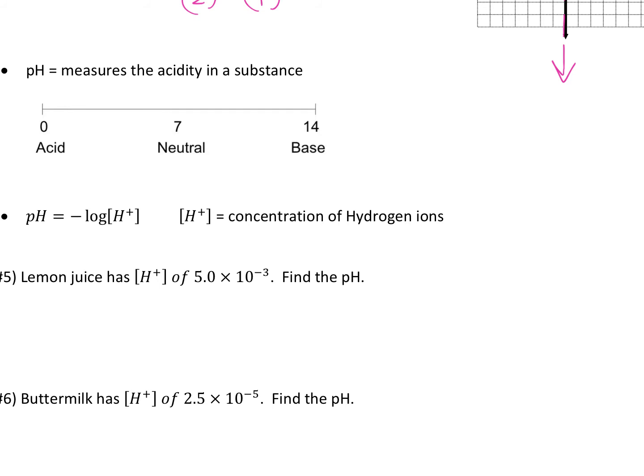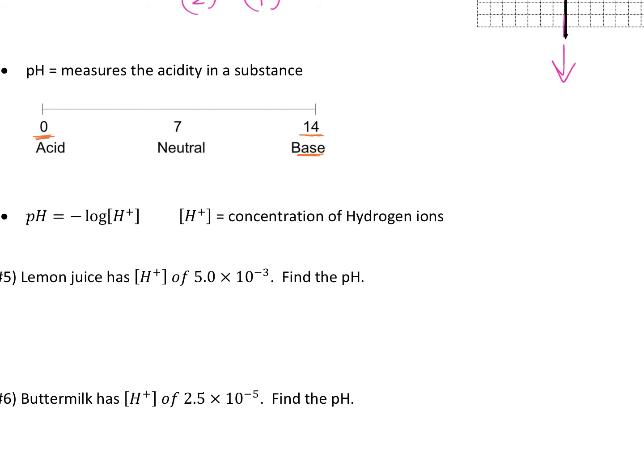If something has a pH of 0, it is acidic. If something has a pH of 14, it is very basic. So there's acids, there's bases. Anywhere in that middle region at 7 or 6 or 8, right in there, it's more neutral. So not necessarily acidic or basic, just neutral.